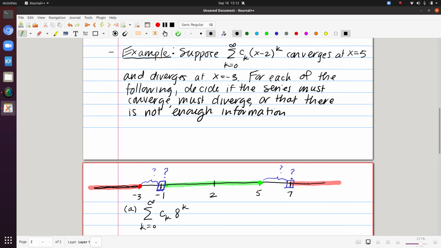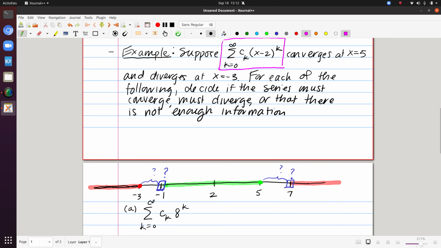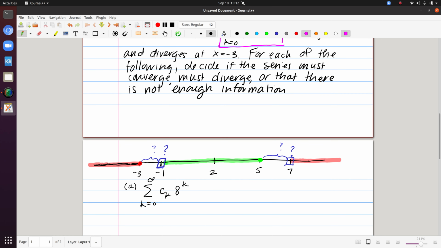on my number line. To do that, again, I want to remember this format of my series here. So of course the c sub k is the same. I have the same starting value of k, the infinity up top. So what I'm trying to identify is how we can view 8 to the k as x minus 2 to the k.